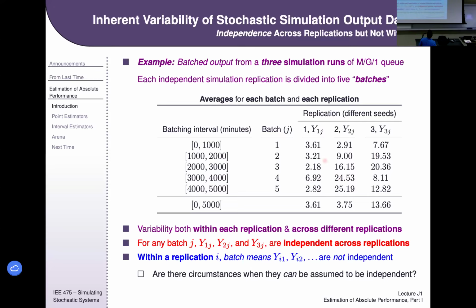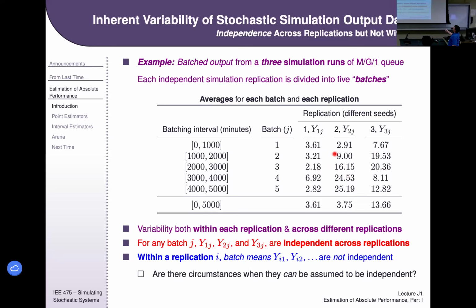Because if these batches were big enough to be independent, I should see the same variance down the batches as I see across the replications, and I don't. There's very little variance across the batches, even though there's a lot of variance across the replications. So there's correlation, there's autocorrelation. That's a common thing, autocorrelation within a replication.